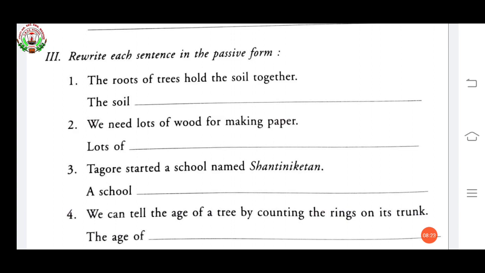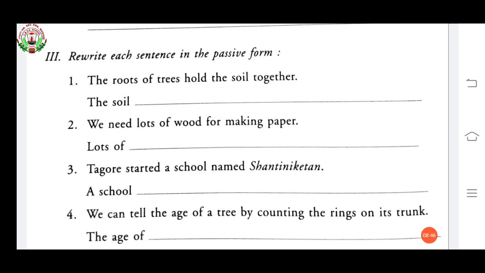Now see the third one. Rewrite each sentence in the passive form. Passive form you had studied in previous classes also, and previously also I told you what is passive voice. In your course, active and passive voice, two voices are there. In brief, I will explain in grammar.